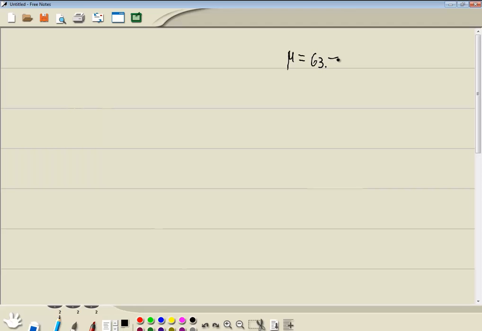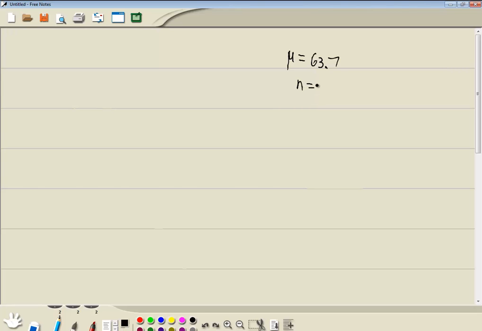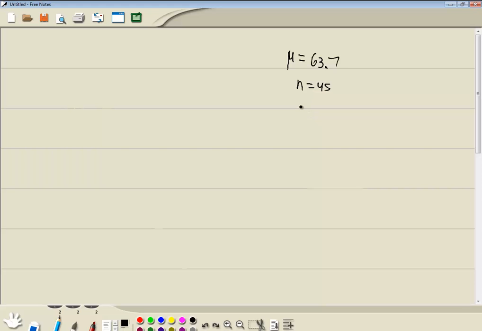Probably it's changed. That's what the claim is probably about. Suppose that a random sample of 45, so n is 45, who are 20 years or older, results in a mean height of 64.9. Now that's referring to the sample, so x bar is 64.9.